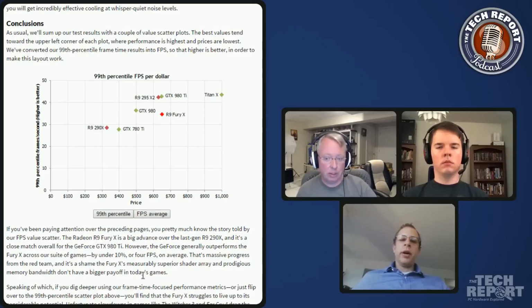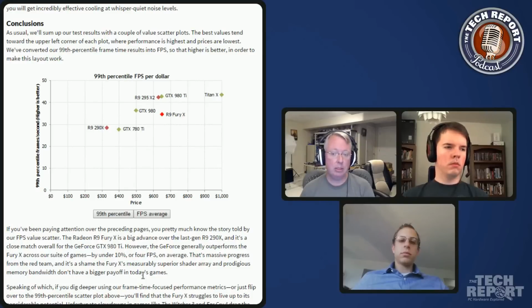Not because of results like we saw in Project Cars, but in other games especially, there were spikes in the frame times throughout the test run. There especially were instances like in Crysis 3 where there's an explosion on the screen during the test run, and there's a lot of particle effects and a lot of things are happening. And when that happens, you get these spikes, you get these high frame times, you get these delays that you can feel as you play the game where the animation is interrupted.